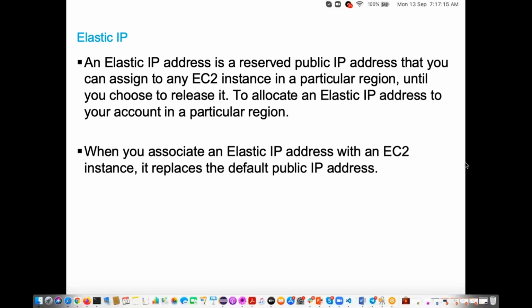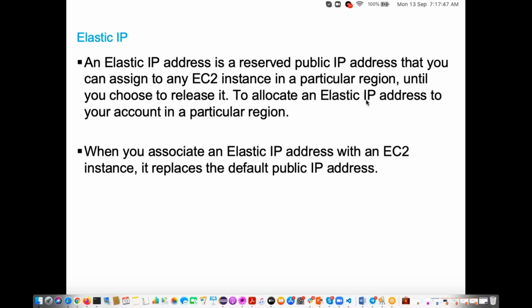Every time you restart, the public IP address is going to change, and we have to change it in the pom.xml if it is a Nexus or SonarQube server. But in real time, we are going to use the elastic IP. Elastic IP is a reserved public IP address that you can assign to any EC2 instance in a particular region until you choose to release it.